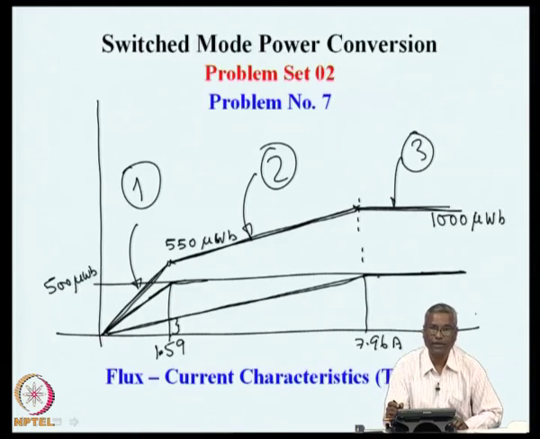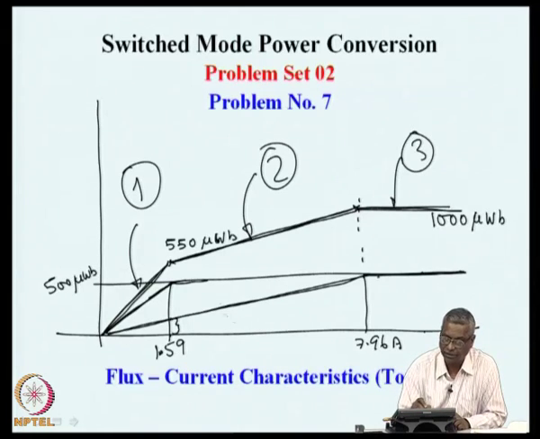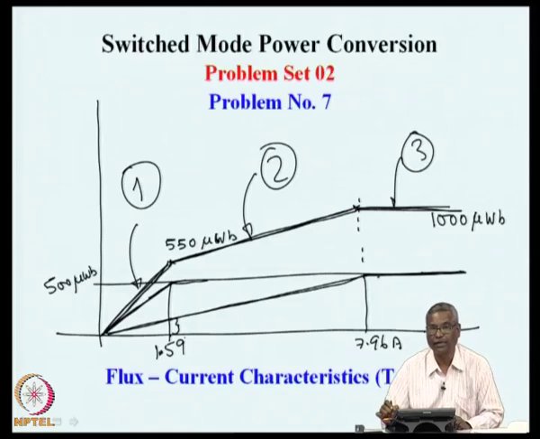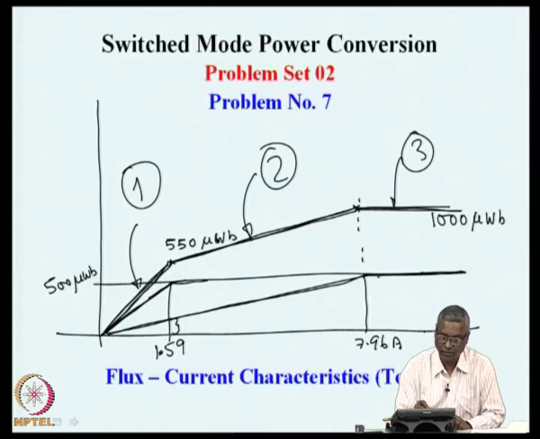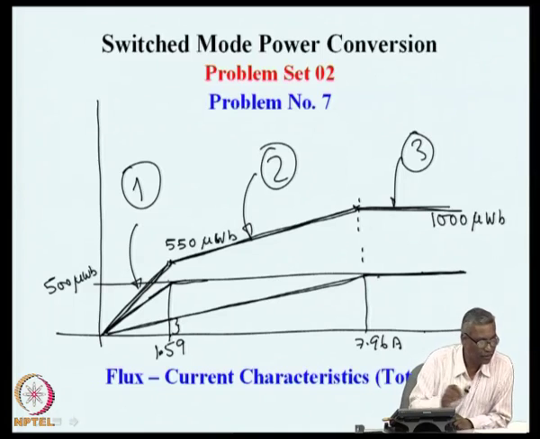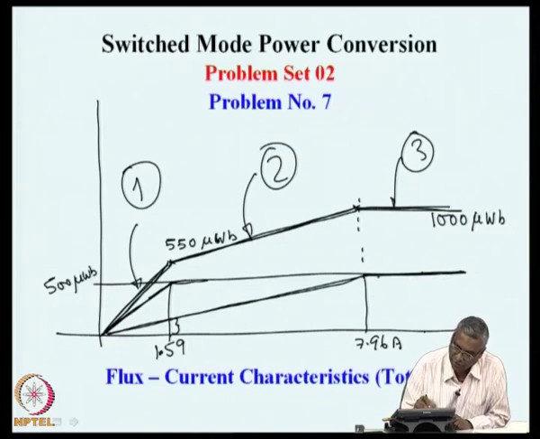So, it is possible to find out now the inductances at various points. For example, in region 1 the inductance is 550 microweber divided by 1.59, flux divided by current, flux linkage divided by current is the inductance, and that number will be, I am sorry, this will be 600 microweber.